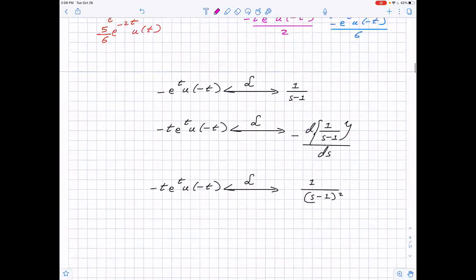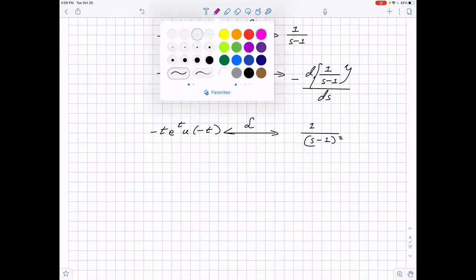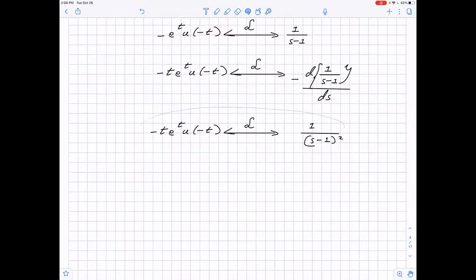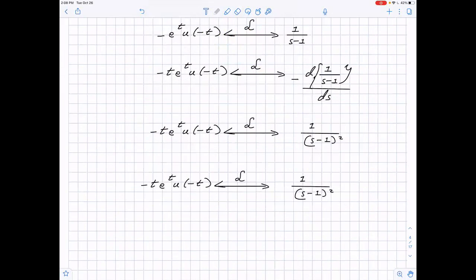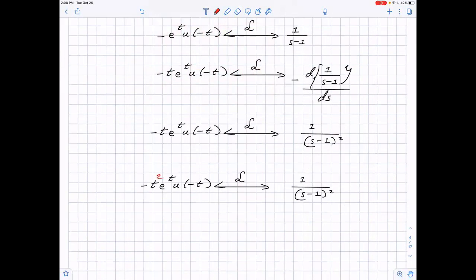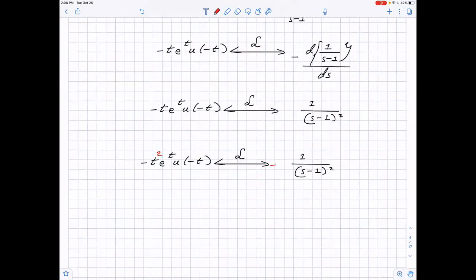So let's consider that. What we've already established is that the Laplace transform of negative t e to the t u of minus t is given by that. Now we're going to apply the multiplication by t property one more time. We multiply by t in the time domain, which means I get a t squared in the time domain. And then in the S domain, I have to take negative d over ds of whatever function I have.